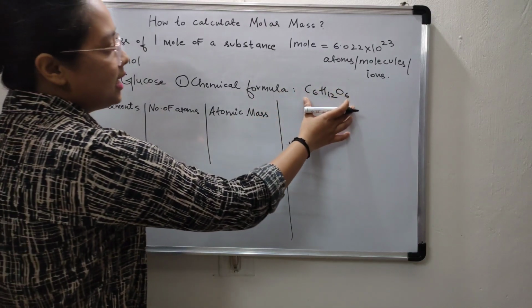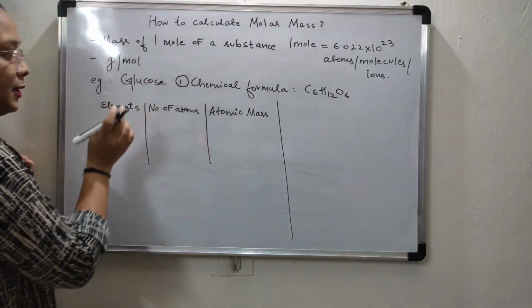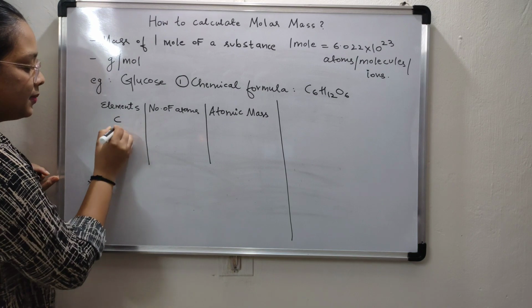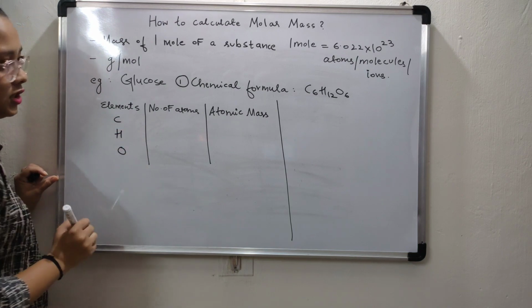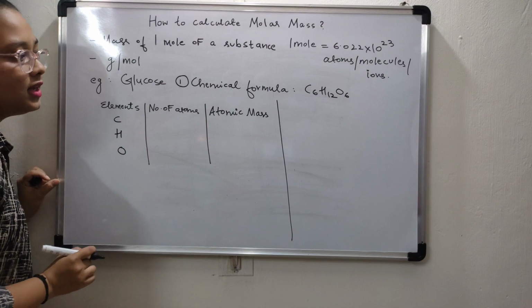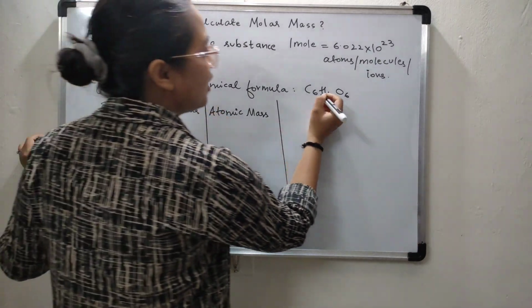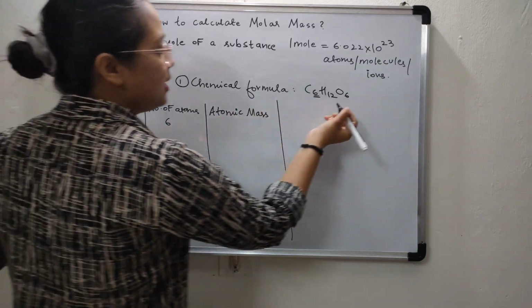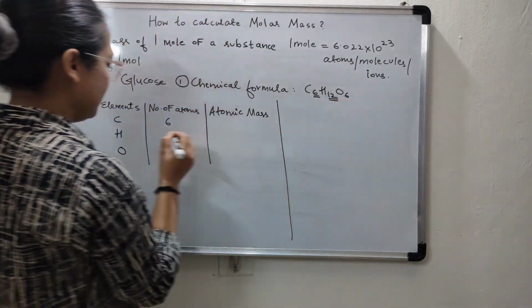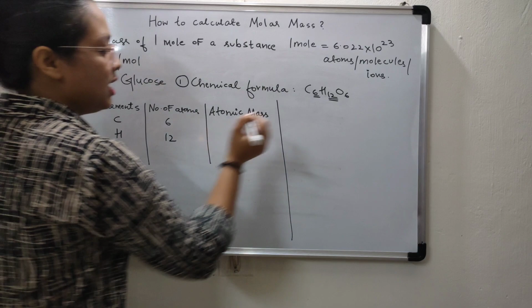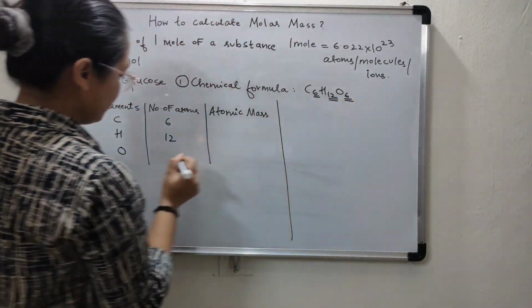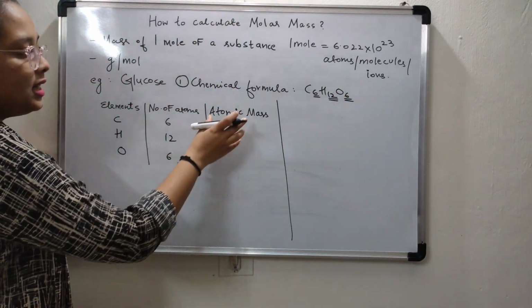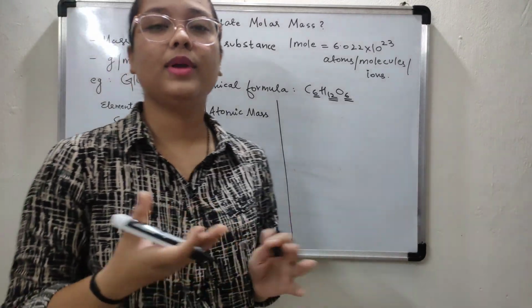Taking glucose as an example, elements present are carbon, hydrogen and oxygen. Let's look at the number of atoms. 6 atoms of carbon, 12 atoms of hydrogen, and 6 atoms of oxygen. Lastly, atomic mass.